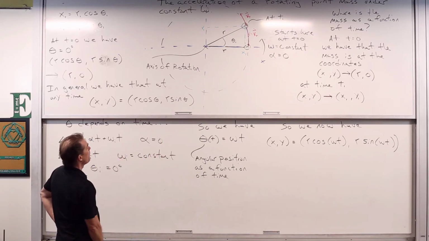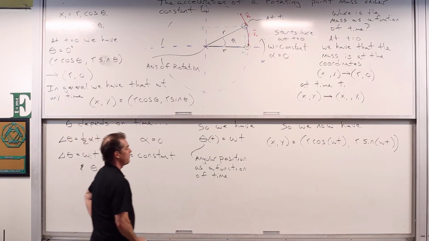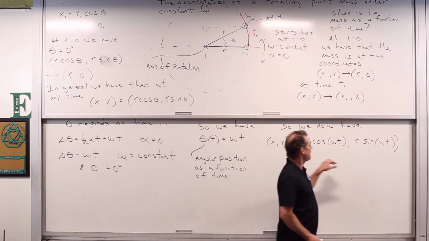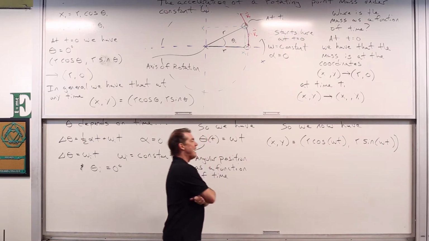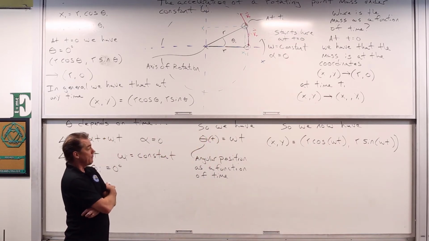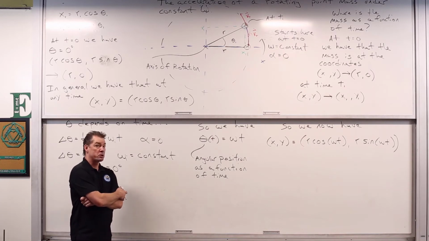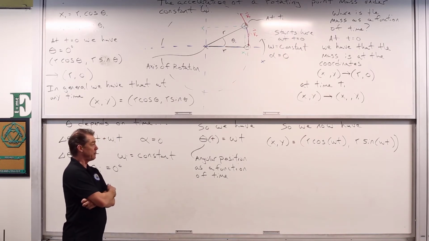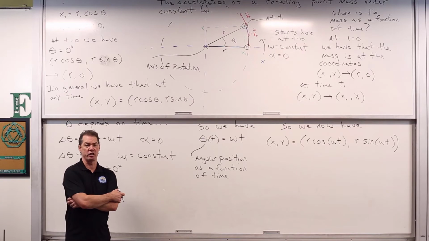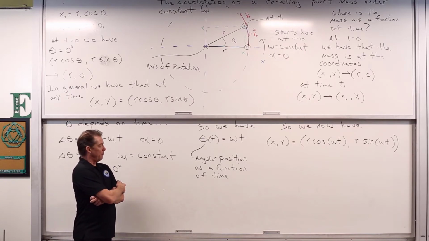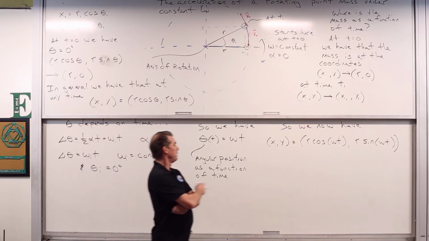So what we want to do now is say, yeah, we've got its position in the x and its position in the y as functions of time. Maybe we can use that to get the speed in the x and speed in the y directions as functions of time. Well, indeed we can.